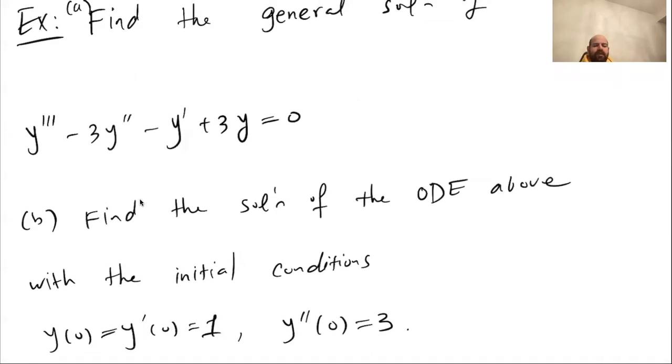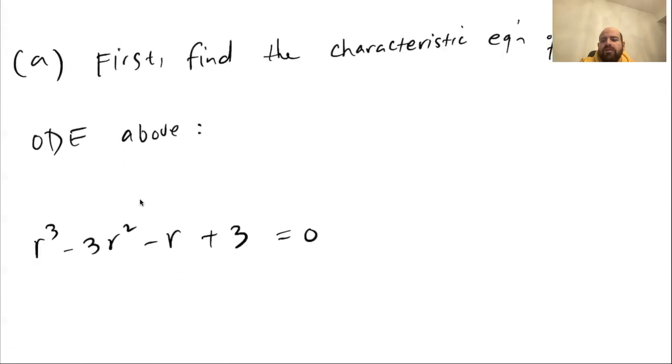Minus y prime will be replaced with r to power 1 because it's the first derivative, and then it's plus 3y. Y means 0th derivative, so it will be plus 3r to power 0, and r to power 0 means 1, so it means plus 3 equals 0.